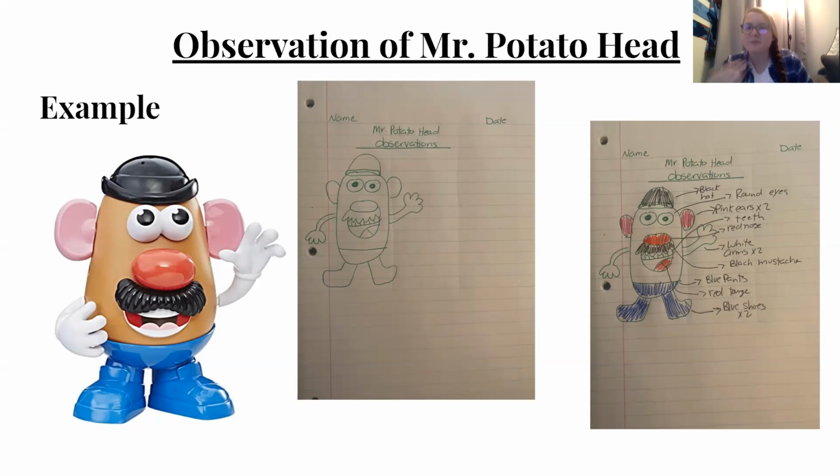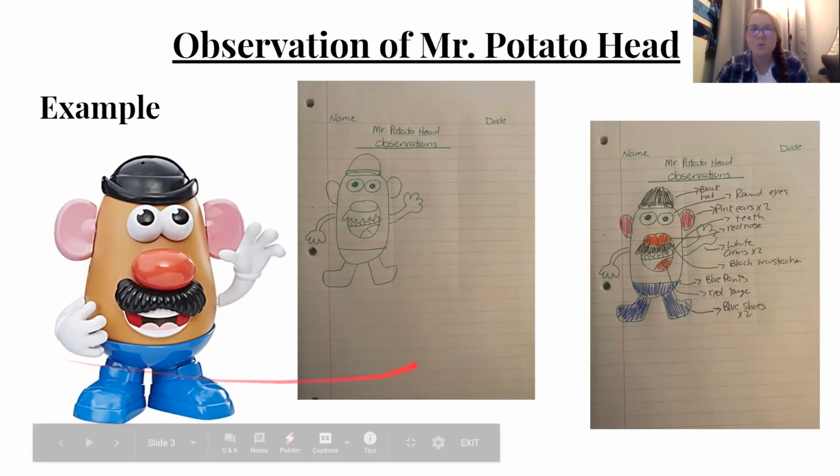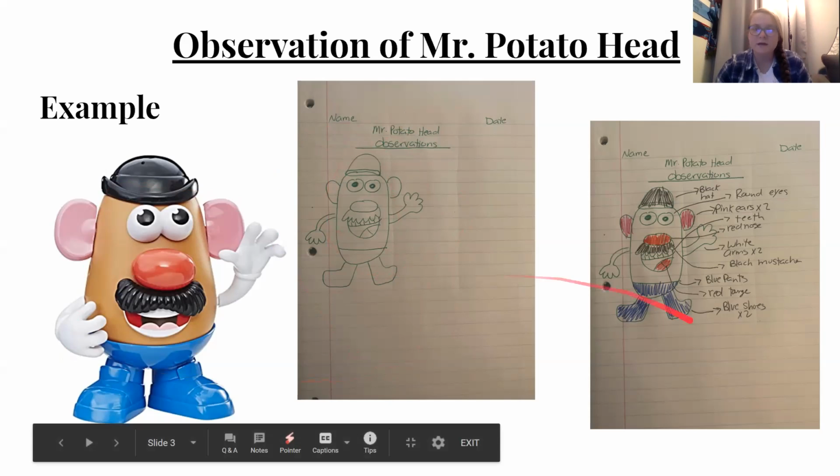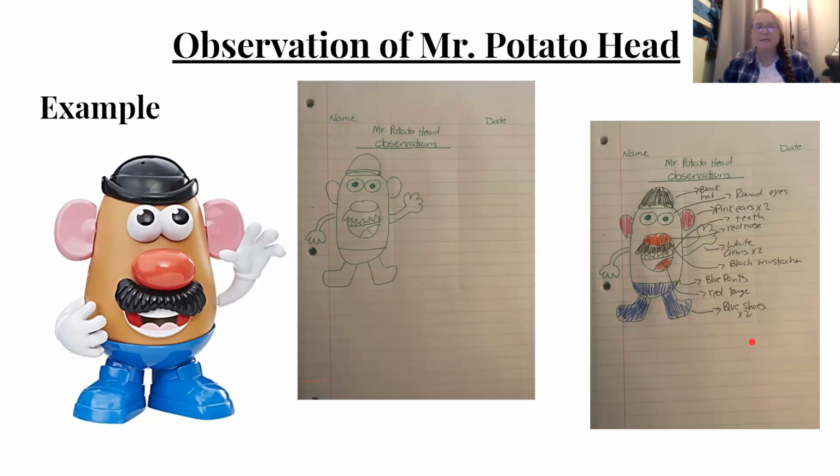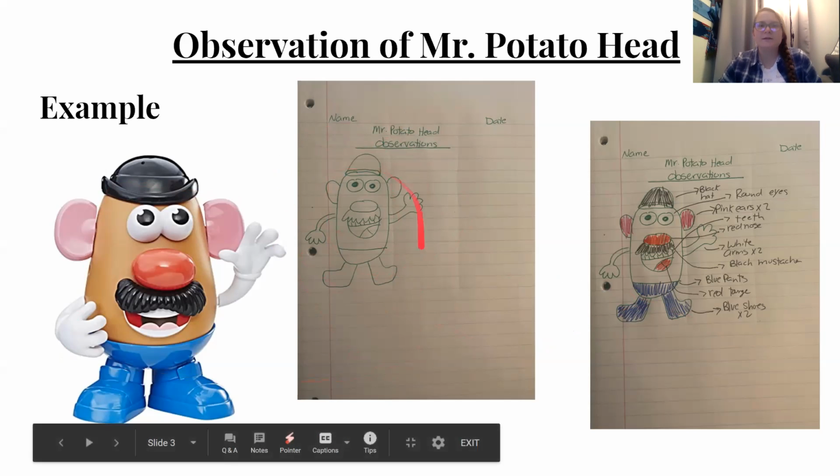Our step 3, after you do step 1, all right, now this is just an example. You're not doing this Mr. Potato Head. This is just an example, okay? This is my example. You're going to do a different one, okay? So step 1, draw. Step 2, optional, color. And step 3 is labeling.